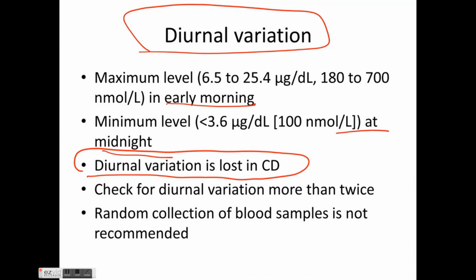But this diurnal variation is lost in Cushing's disease, and it is always advisable to check for diurnal variation more than twice to be sure about it. And random collection of blood sample is not recommended in Cushing's disease, and we have to strictly adhere to the timelines.